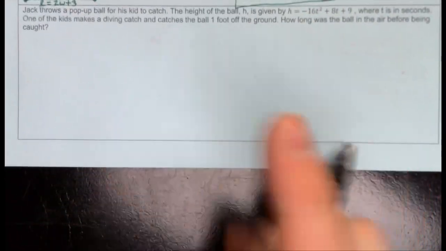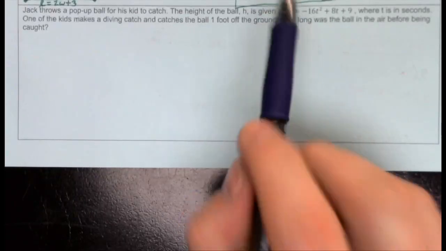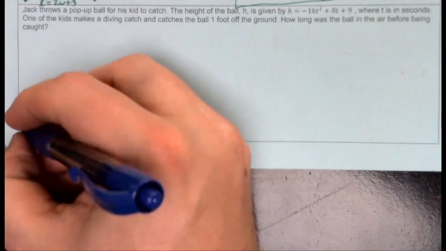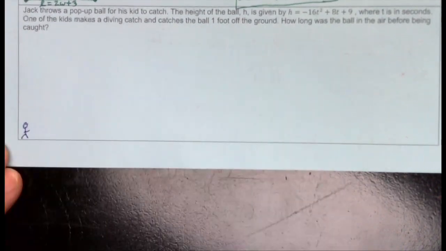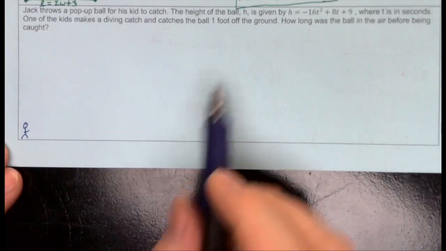Then the next word problem is a physics one. So we've got our equation right there. Jack throws a pop-up ball for his kid to catch, so he's over here. He throws the ball. Apparently Jack is giant.